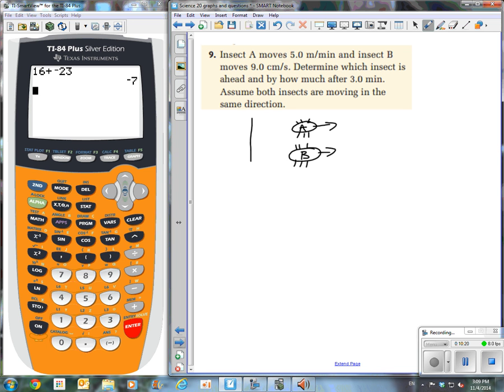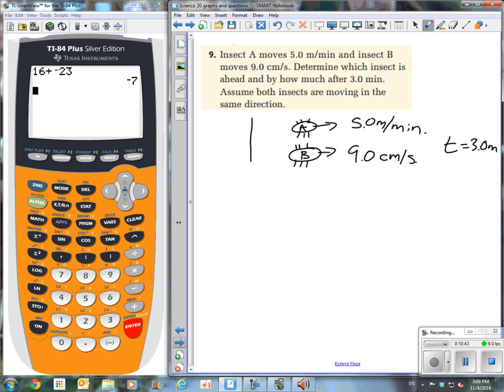Insect A is 5.0 meters per minute. Insect B is 9.0 centimeters per second. The question is asking me what is the displacement after 3.0 minutes.